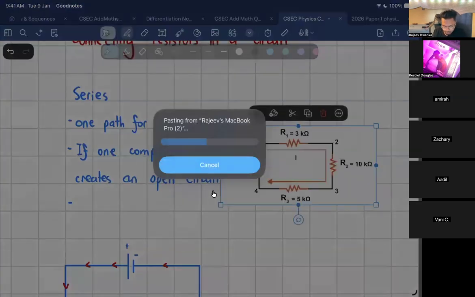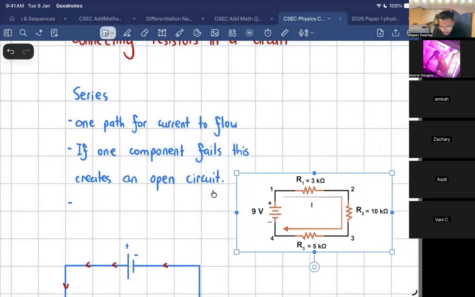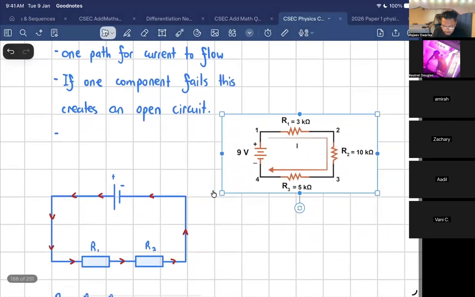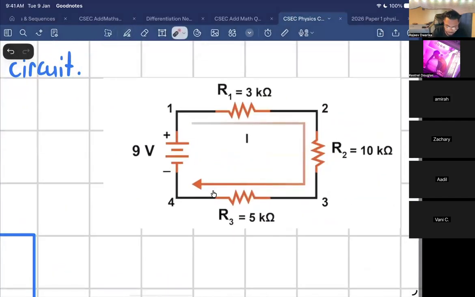Check this, right? In a series circuit, can you all see that the current is like one continuous current flowing through the circuit? Yes, sir. Are you seeing that, right? Yes or no? Guys, are you okay?